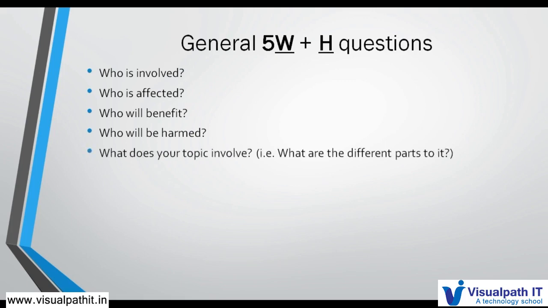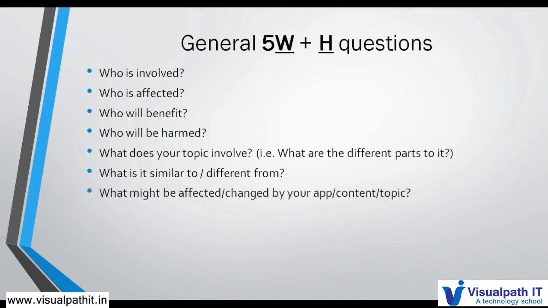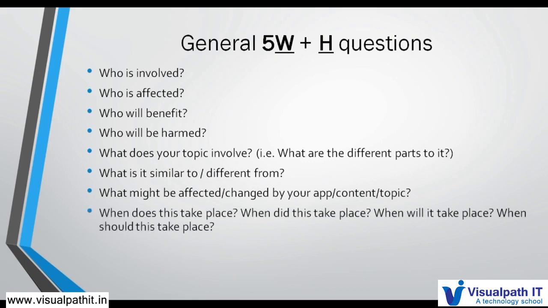What does your topic involve, that is, what are the different parts to it, what is it similar to or different from, what might be affected or changed by your app, content or topic? When does this task take place, when did this take place, when will it take place, when should this take place?